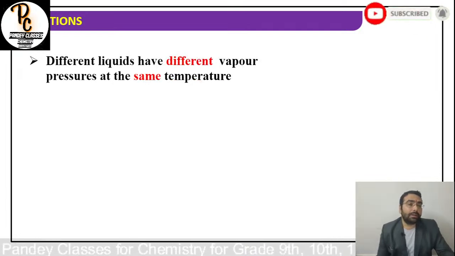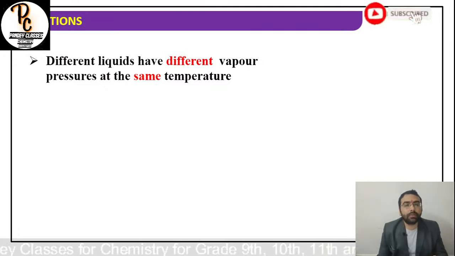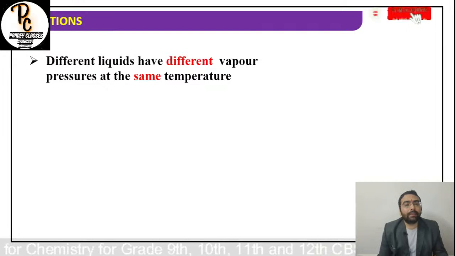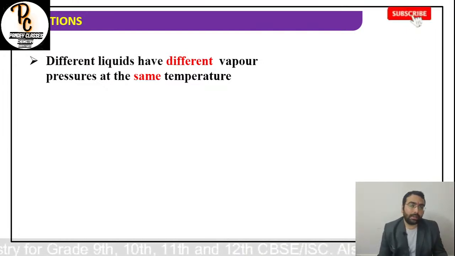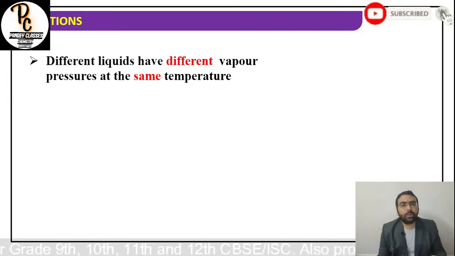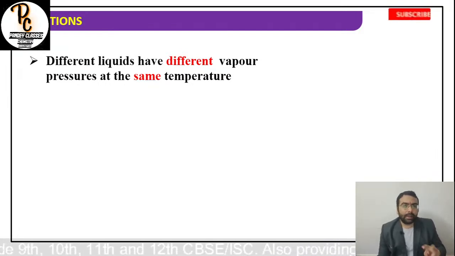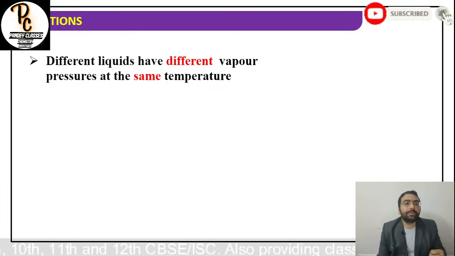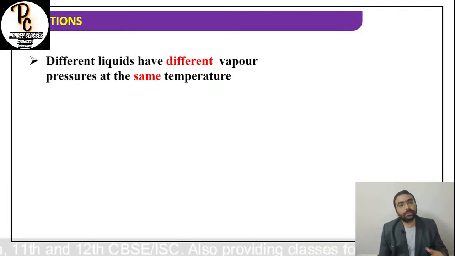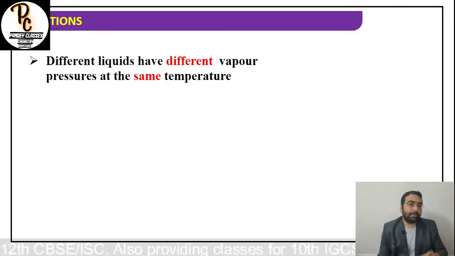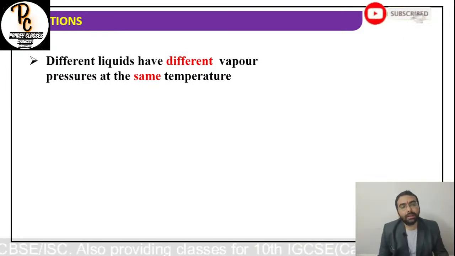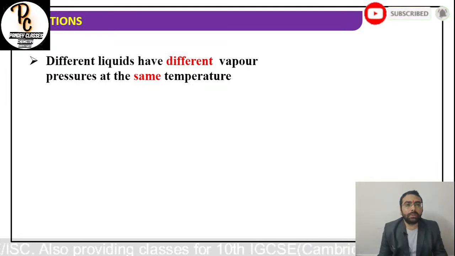Because of volatility: different liquids have different tendencies to be volatile. Petrol is highly volatile. If we compare petrol and water, both differ in their volatile property. Water is also volatile, but its rate of evaporation is a little slower compared to petrol.